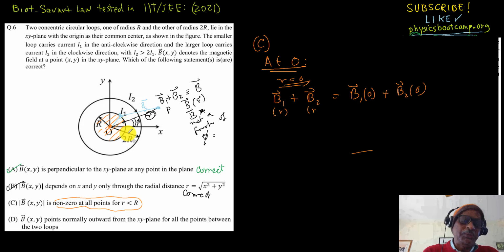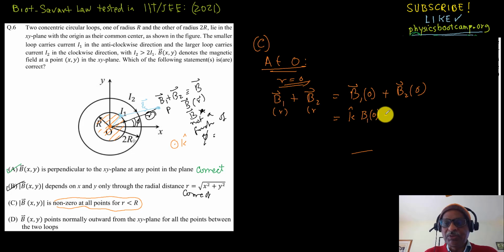Now B1, if you use the right hand rule, is coming out of the page. So this is the k hat direction, z direction. So it's coming out of the page: k hat times some magnitude B1(0), plus the other one is minus k hat B2(0).